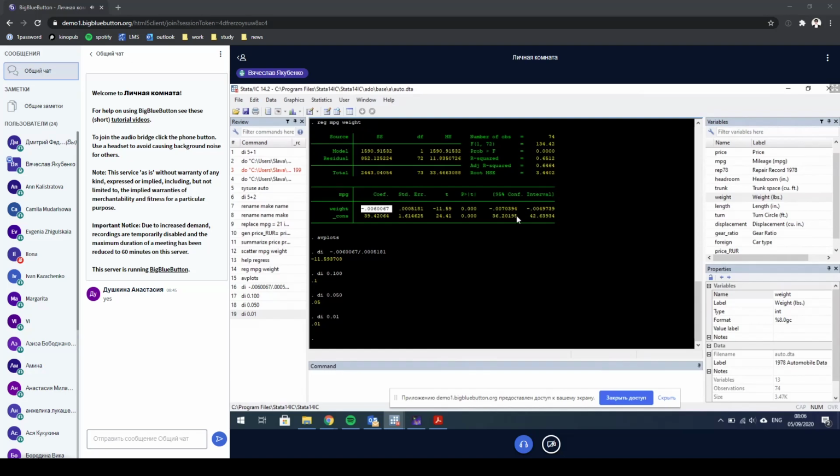So how do we get confidence intervals? We normally take the coefficient and subtract and add to it the standard error multiplied by some special coefficient, which you can find in the statistical table, which is determined by the level of confidence. So here we have a 95% level of confidence.